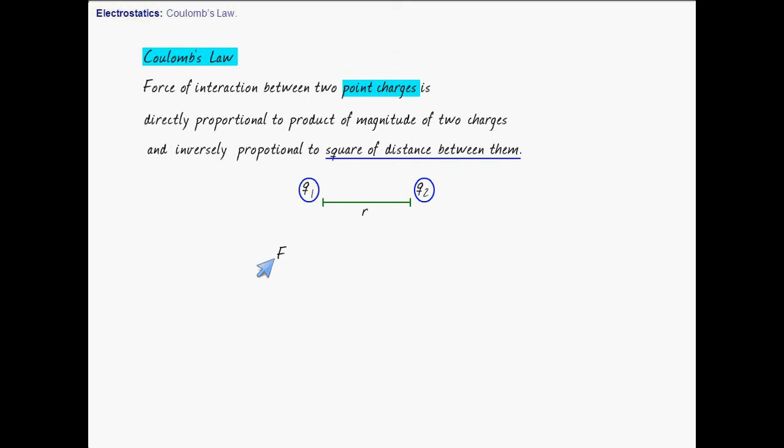If these charges are placed in vacuum, then the force will be given by 1 upon 4 pi times the permittivity of vacuum, which is represented as epsilon naught. So the force is 1 upon 4 pi epsilon naught Q1 Q2 by R square, provided the charges are placed in vacuum.